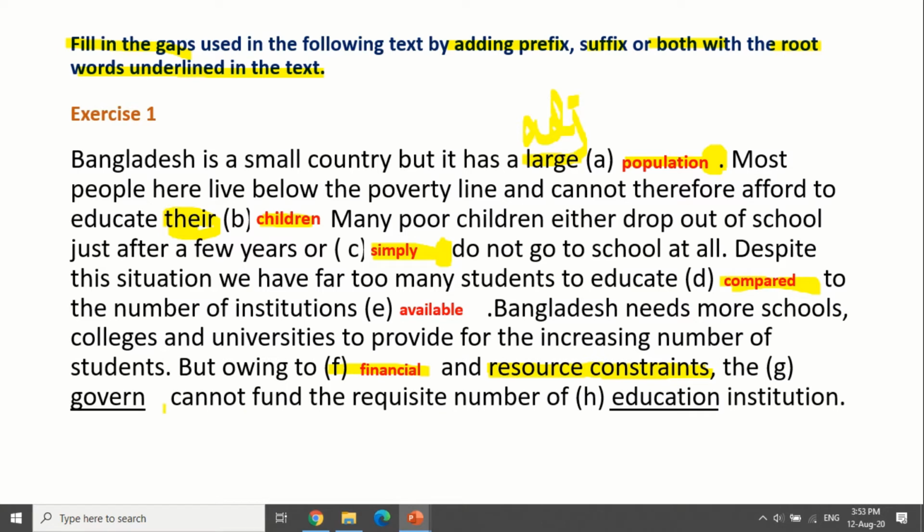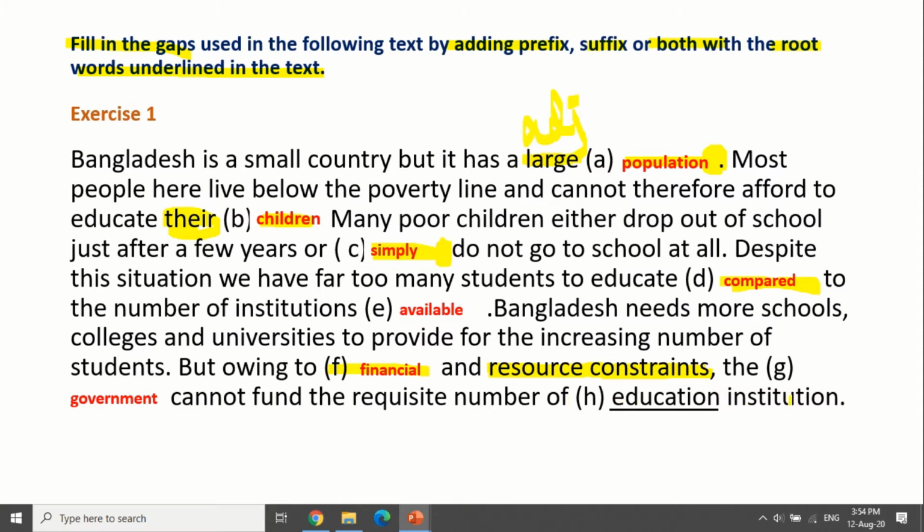So what we have to do, we have to convert the word govern into a noun, right? How can we convert it into a noun? We can add ment, then the word will become government, right?